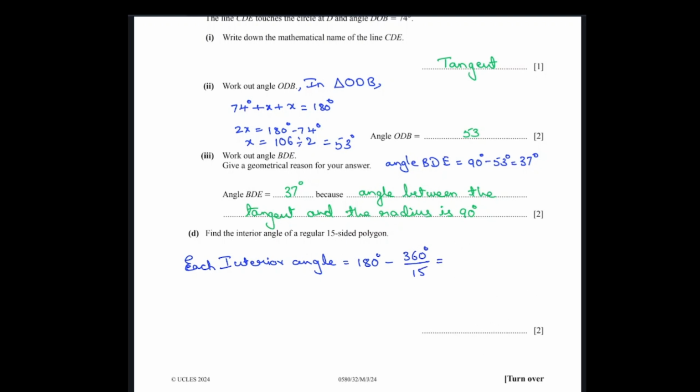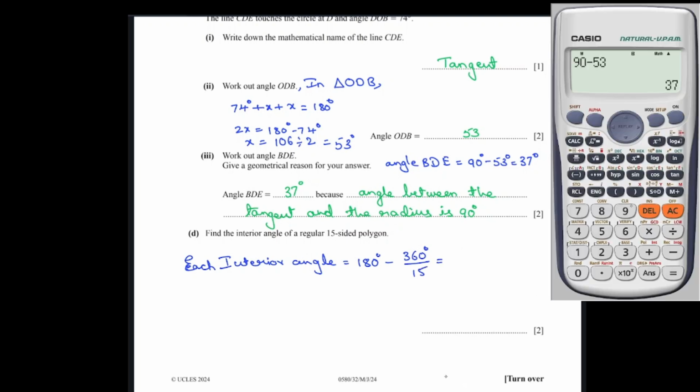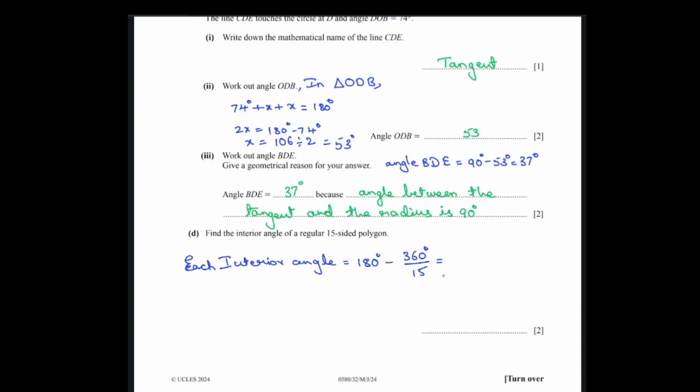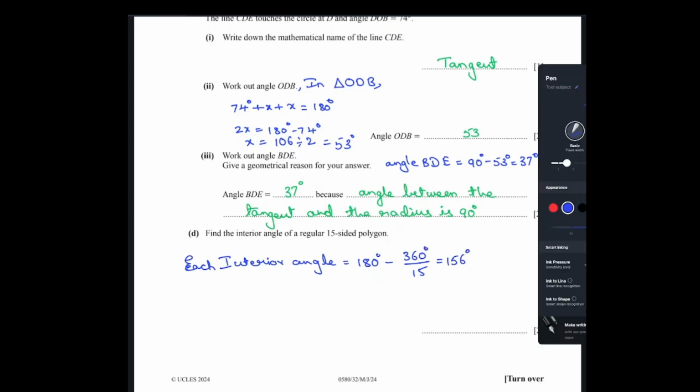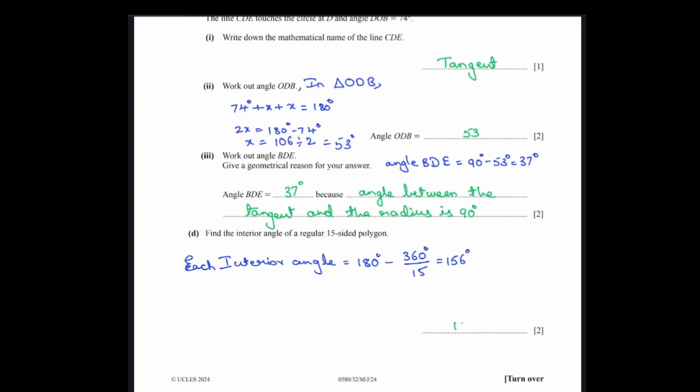Find out 180 minus 360 by 15, 156. This is the answer. This is the interior angle. Question number 5 is done.